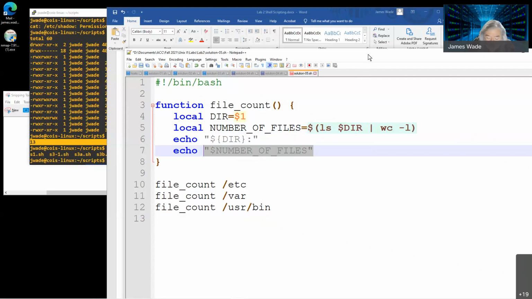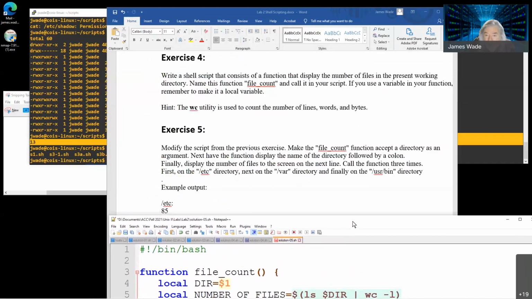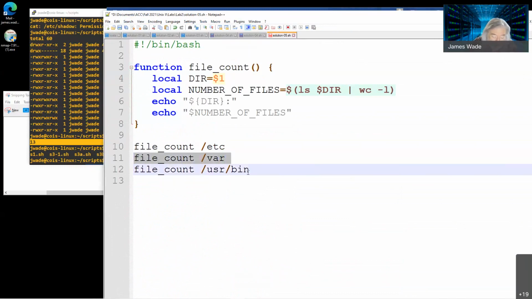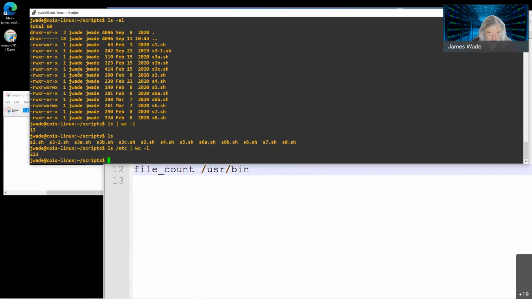When it runs, it's going to look just like this, etc colon 85. And then I've got you doing file count /etc, file count /var, and file count /usr/bin. So if I do an ls of /etc and do a wc -l, I should see 223 in your script.